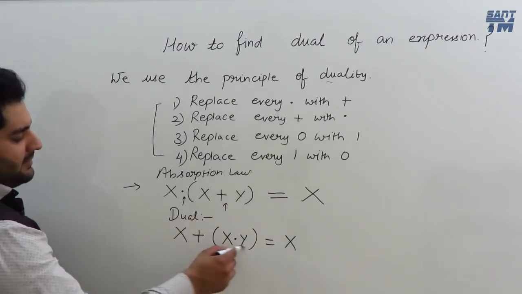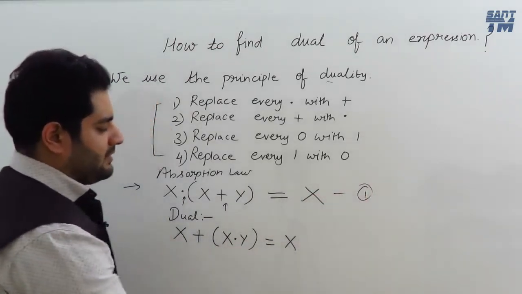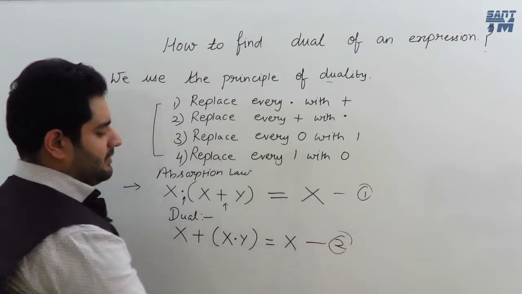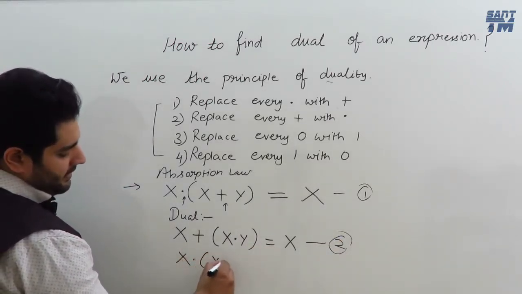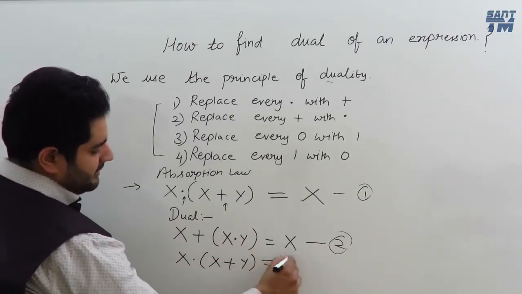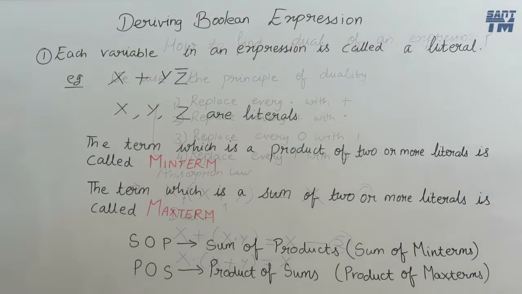So we get x plus xy gives x. You can see that this was the first statement of absorption law and this is the second statement of absorption law. If we again take its dual, we get x dot x plus y gives x. So we can see that the two statements of every law are duals of each other. I hope the duality is clear to you.